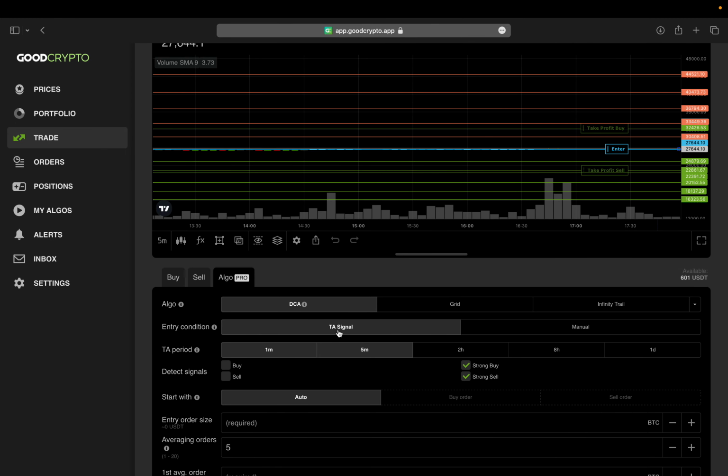When that signal is received, the DCA will open a position and then do what we've already seen. It will place additional buy or sell orders to average down or up the average price of the position. It will automatically adjust take profit and stop loss, adjust their sizes, and move the take profit to keep it at your chosen percentage distance from the average position price.